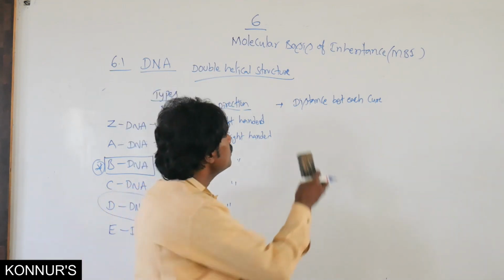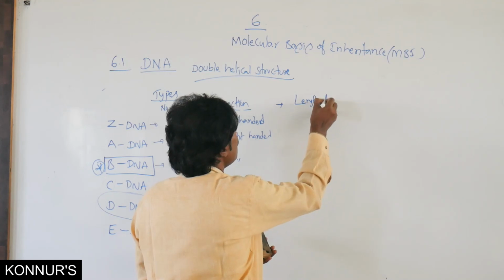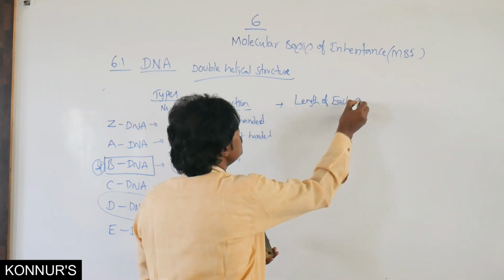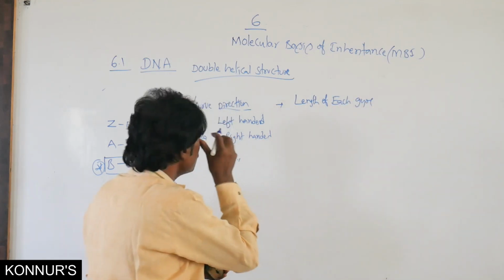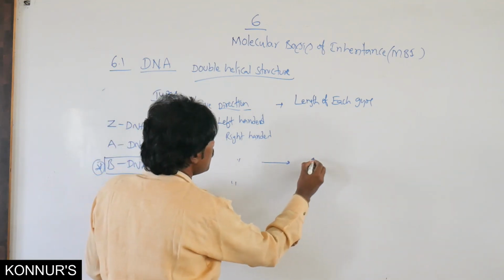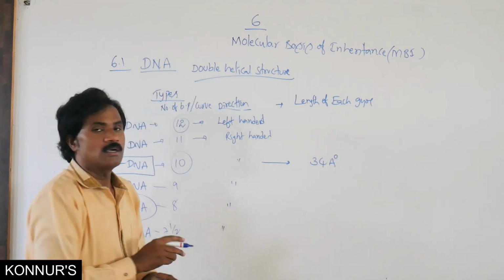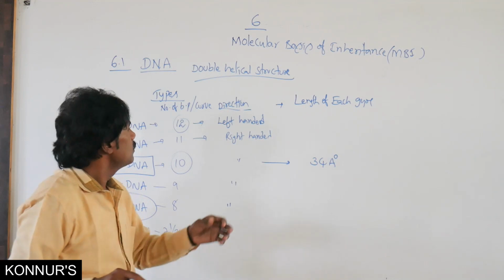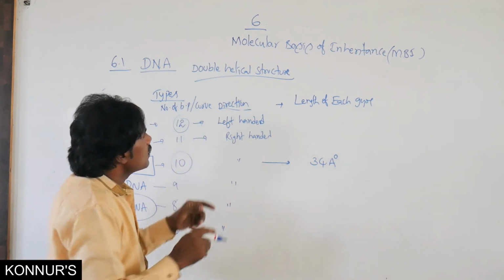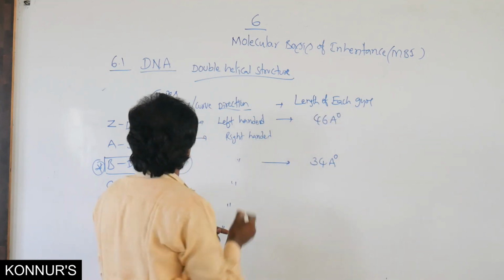Or simply remember, the length of each gyre. What is the length? Normally in B DNA, the length is 34 angstroms. Related to Z DNA, it is 46 angstroms.